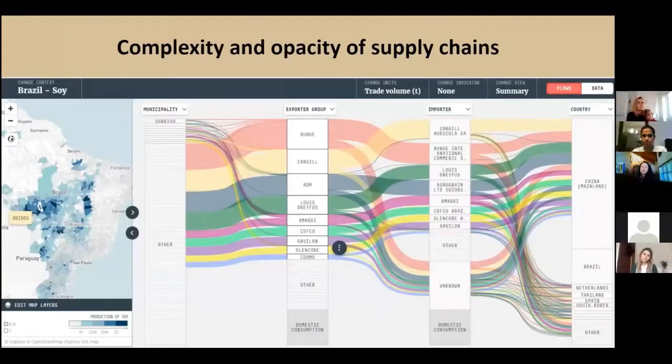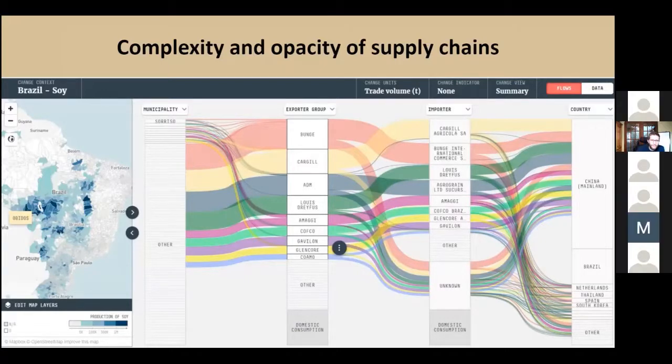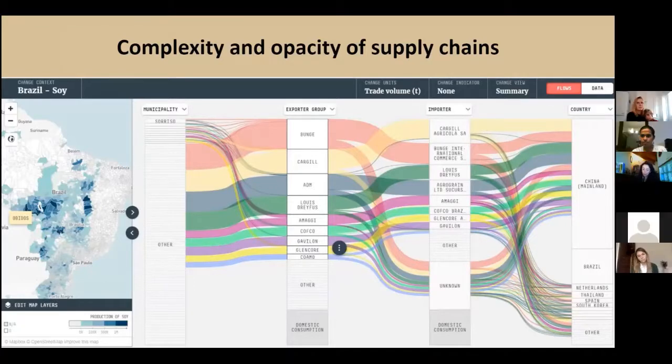So within the agricultural consumption and production system, a very important component is supply chains. A supply chain is a system of organizations, people, information, and resources that are involved in supplying products and services to consumers.